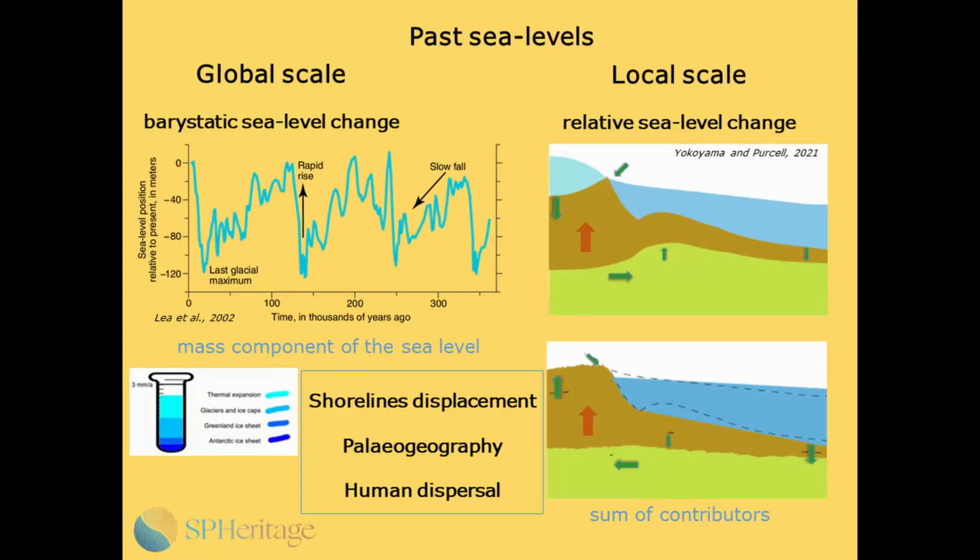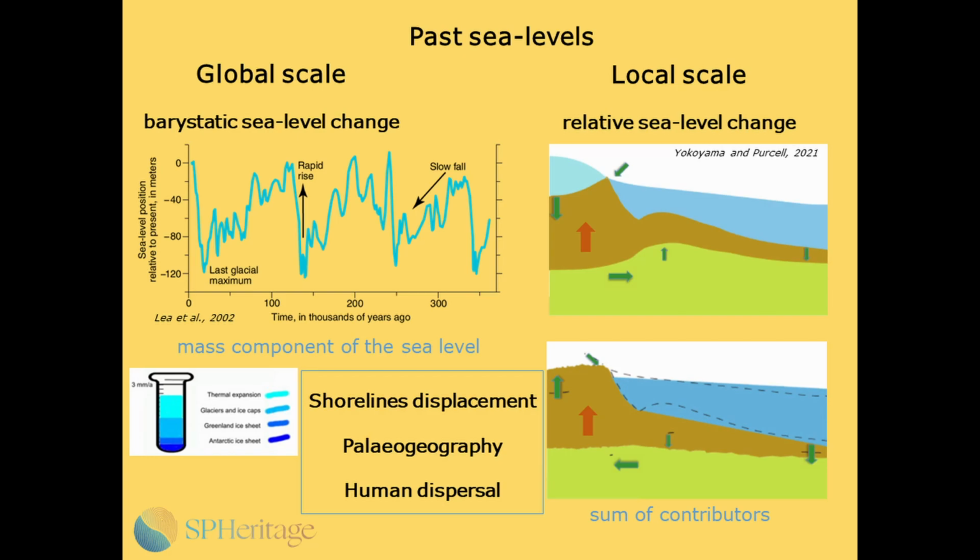So in this figure on the right, we have green arrows that indicate the movements that affect the lithosphere when a change in the water cycle on our planet occurs, and the red arrows depict the signal which is independent from the amount of water present in the oceans.